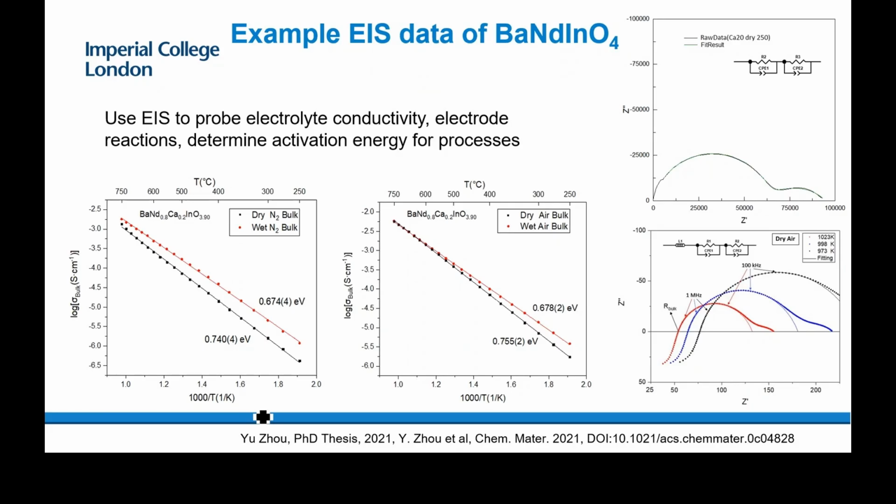So we have to think about what we're measuring. What we're measuring is the combination of oxide in the dry, and then you've got oxide and proton in the wet. Okay? So as you then go to higher temperatures, chances are you're dehydrating, so you don't have the protonic charge transport.